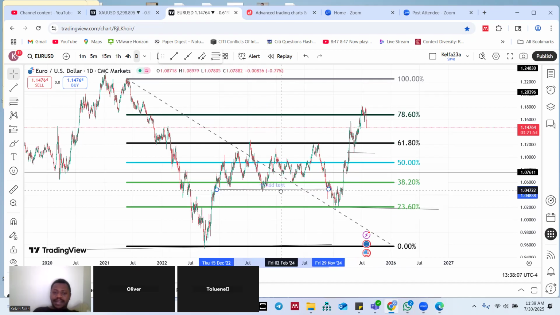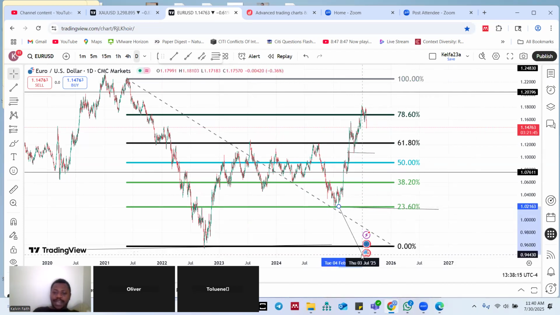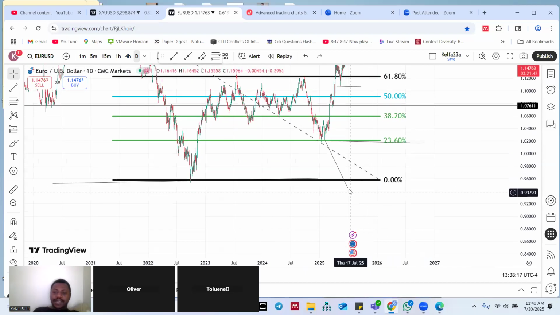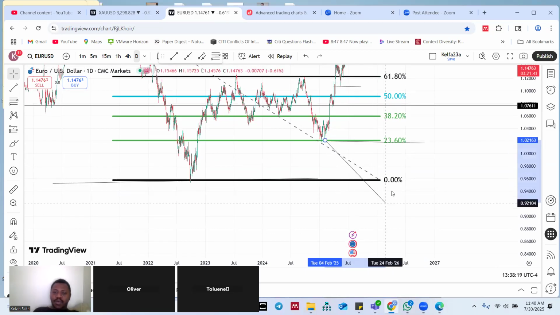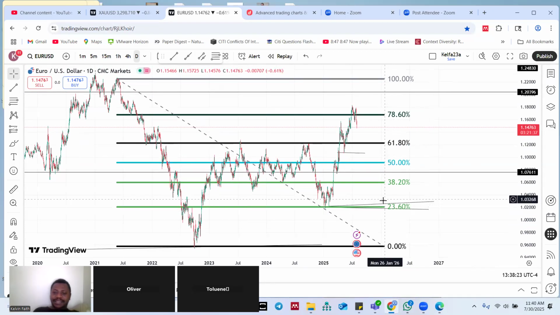Breaking internal structure to this side, but it failed to swing. It failed to give us a new low. So once we saw this failure, this failure is a sign that price wants to continue to move up.